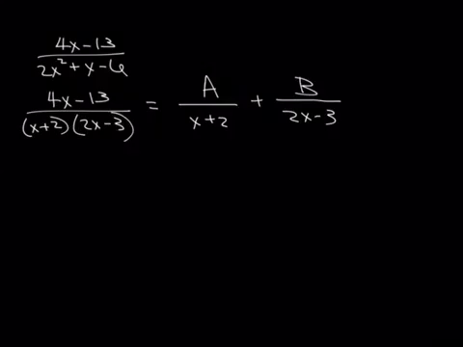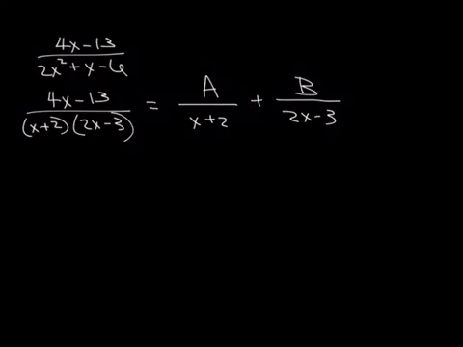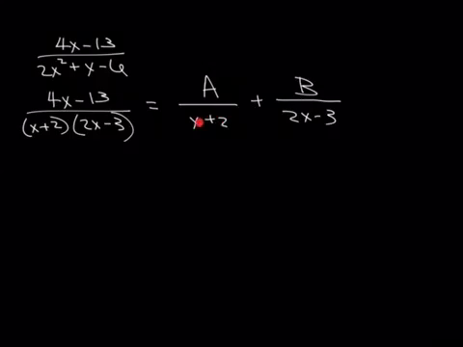So what do you do when you want to add these two expressions? Well, you find a common denominator, right? A long, long time ago, I taught you that if you have denominators that are weird like this, you look at this and say, what have I got? What am I missing here that I have over here? Well, I have an x plus 2, but I'm missing a 2x minus 3. So I'm going to multiply top and bottom by 2x minus 3.